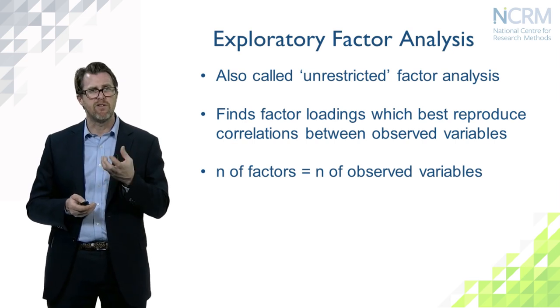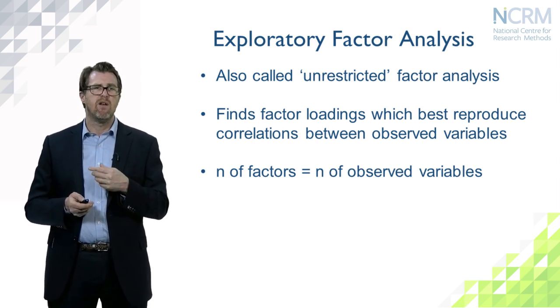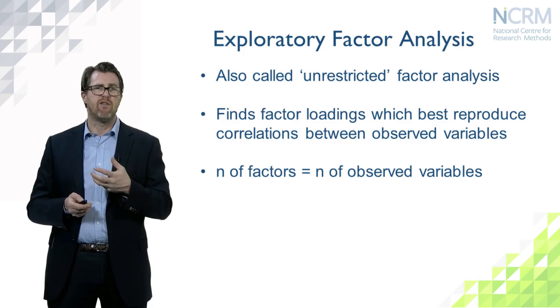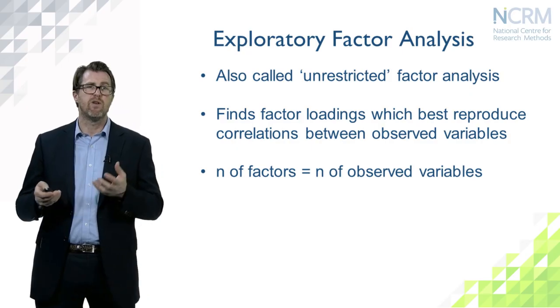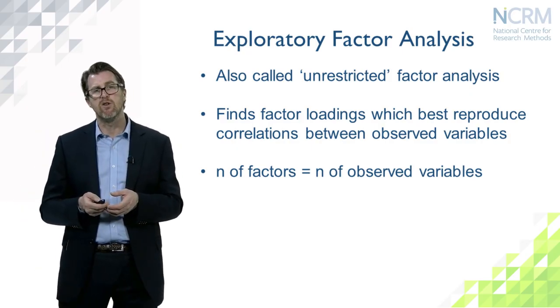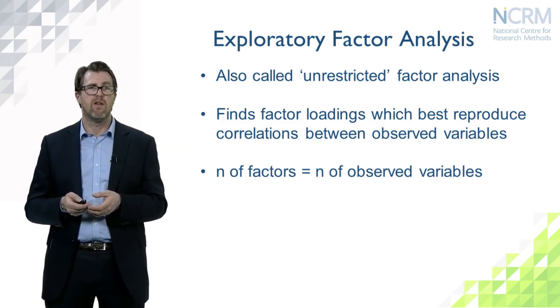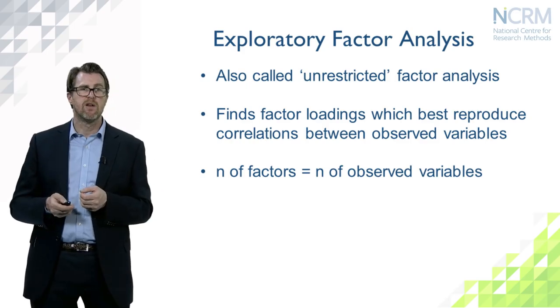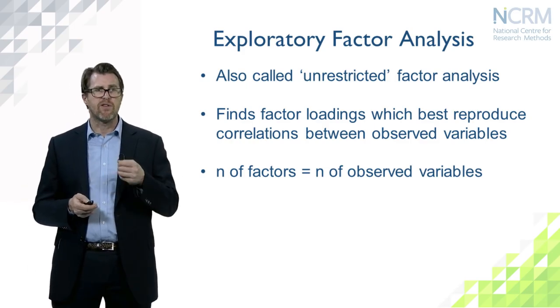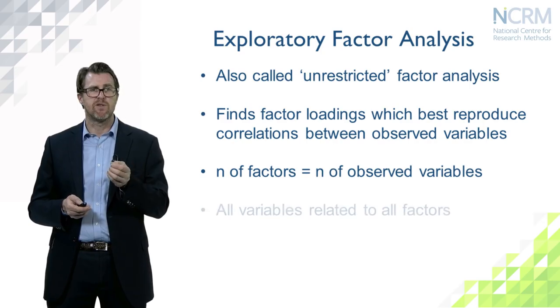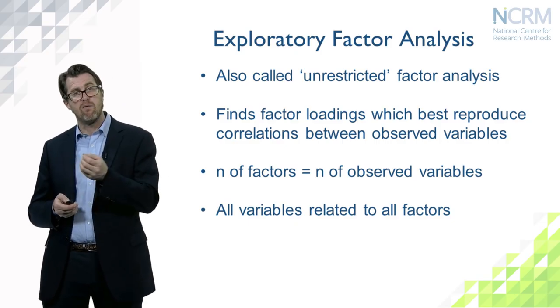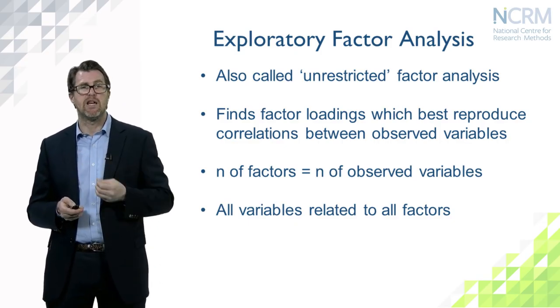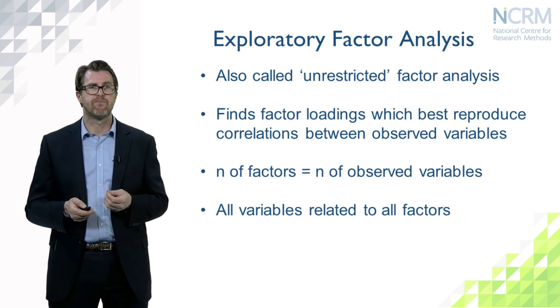So at this point, in just this reordering, EFA hasn't done very much in the way of summarizing, of simplifying, which is often what we're trying to do with a latent variable model. So we have the same number of factors as we have observed variables, and all the variables in our model, the observed variables, are allowed to be correlated with all of the factors.